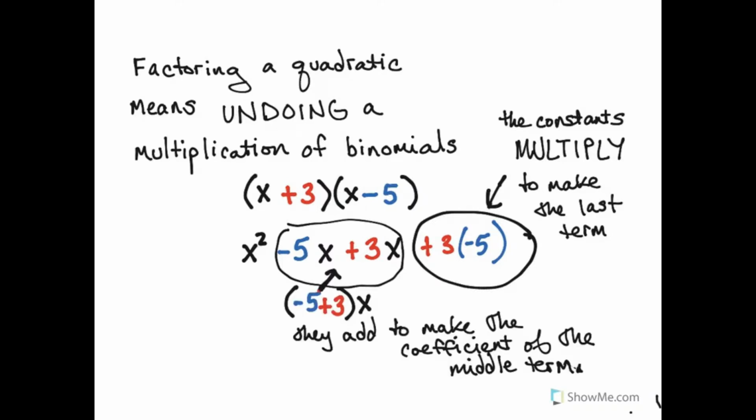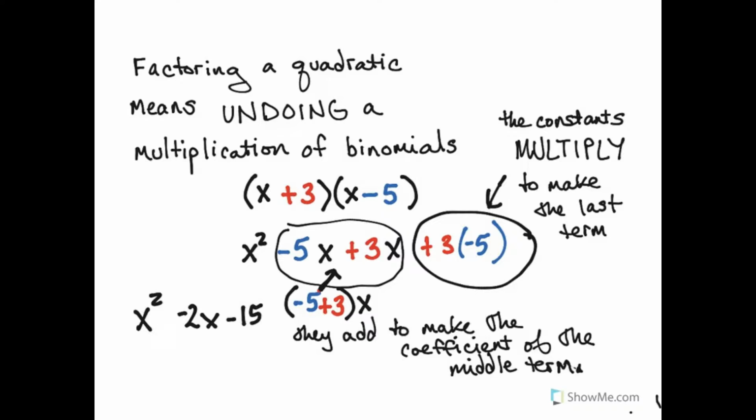When I finish the multiplication process, x plus 3 times x minus 5, the result is a quadratic expression, x squared plus, well, negative 5x plus 3x is negative 2x, and then 3 times negative 5 is negative 15.